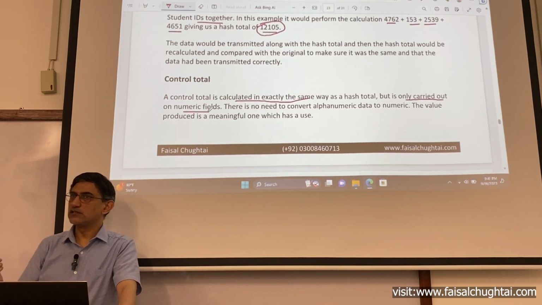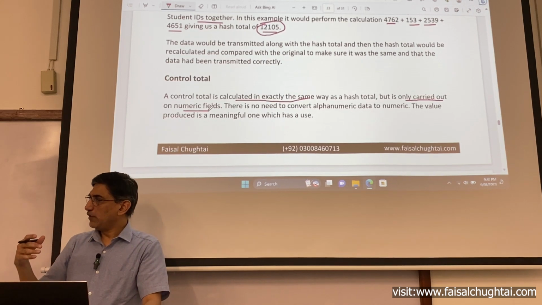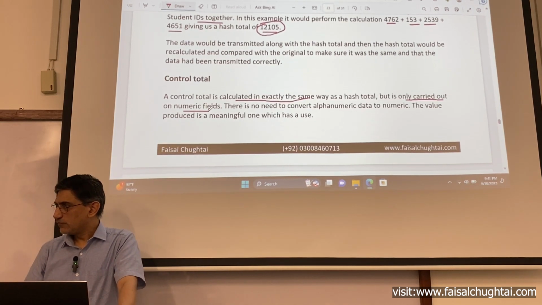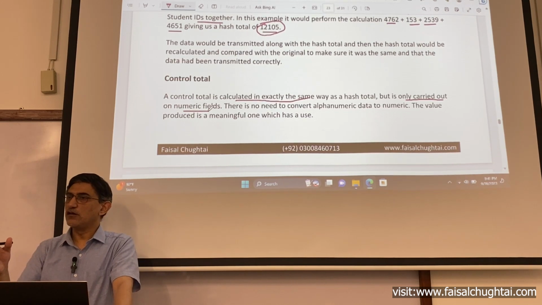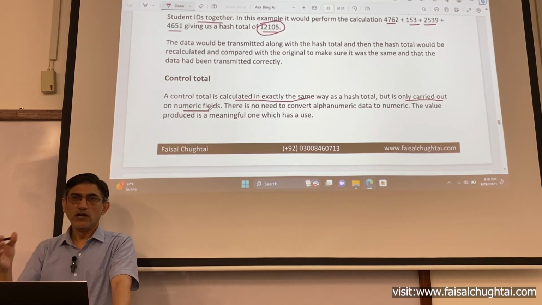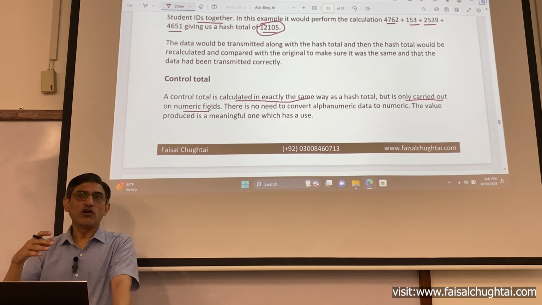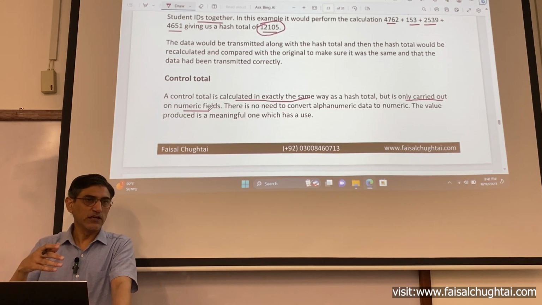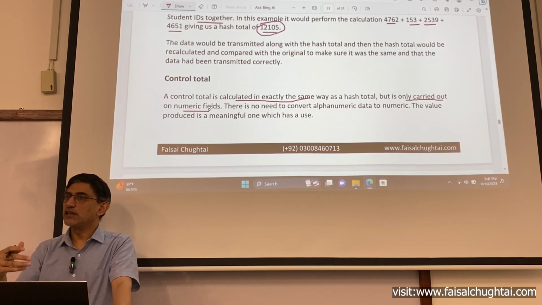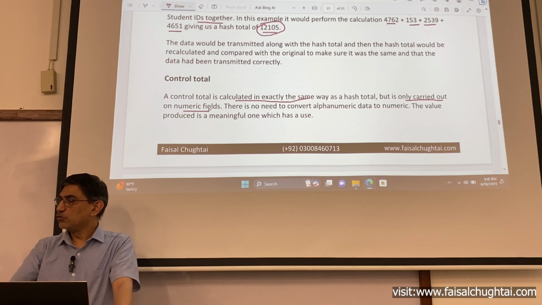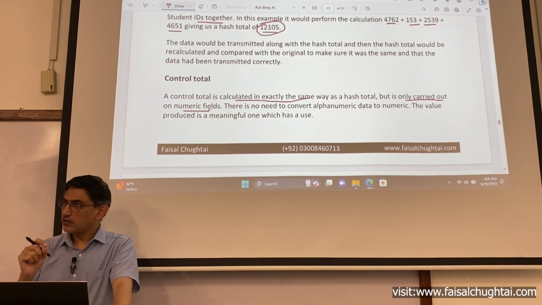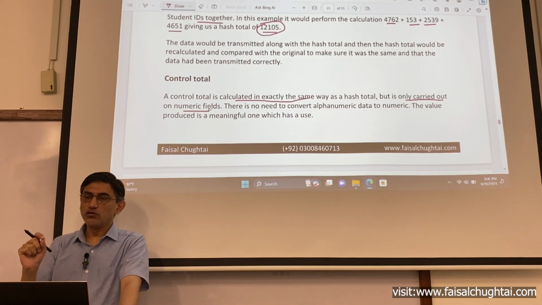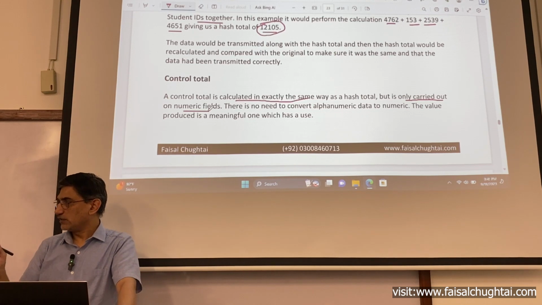Unlike hash totals, which may use numbers to check for the accuracy of data or to find out any errors, or something which is not pure numbers such as a student ID. I just gave you the example. We can even use that to validate the authenticity or correctness of data, that the data doesn't have any errors. But control totals may only work on numeric data.